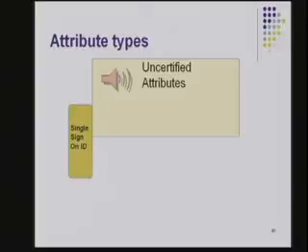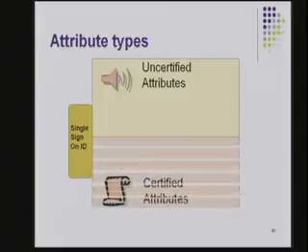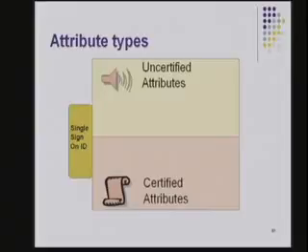And we argue that protecting these uncertified attributes is also quite important because most of the information that you give today is uncertified. I don't know how many people use digital certificates to get a lot of services. So how do we protect these? But then we also have to consider the certified attributes because these are also used for higher security services.